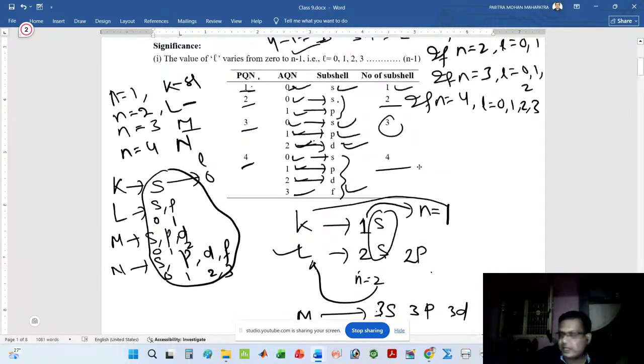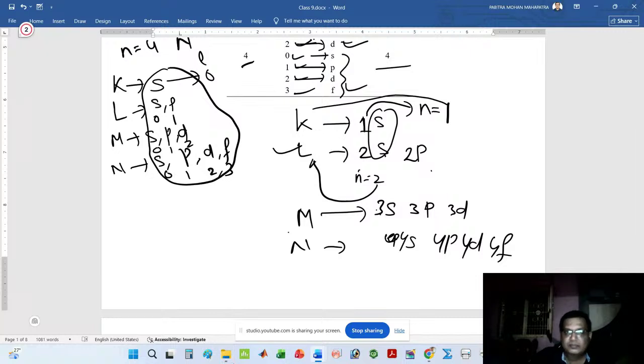Now look at that. Again I want to repeat. There are different S subcells, different P subcells, different D subcells. For K cell you can write 1s, for L cell you can write 2s and 2p. For M cell you can write 3s, 3p, 3d.